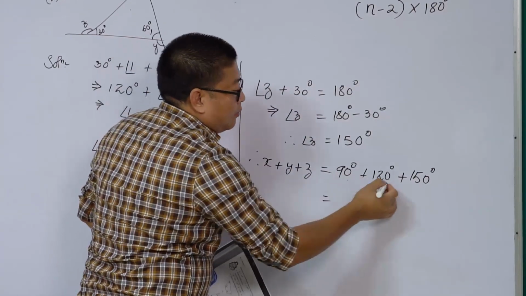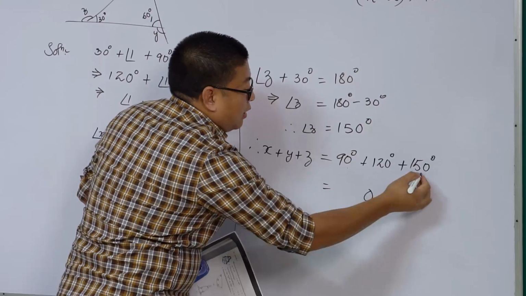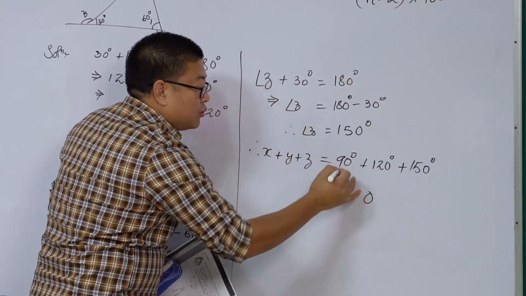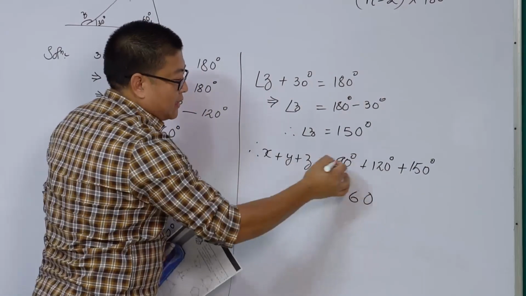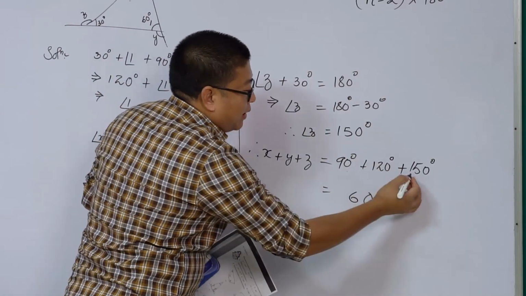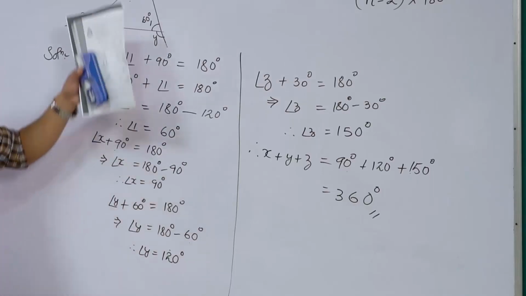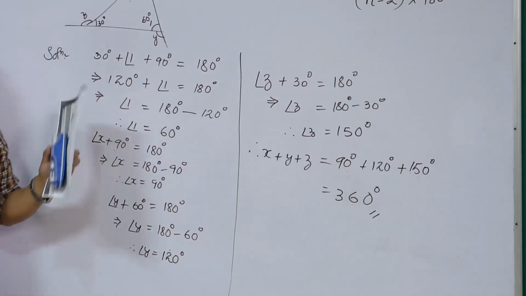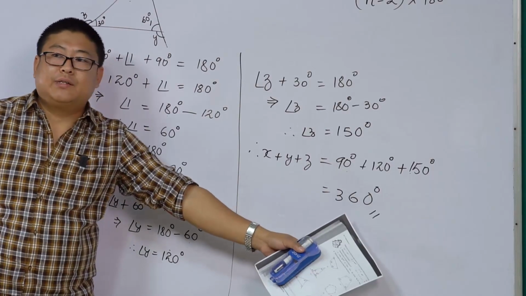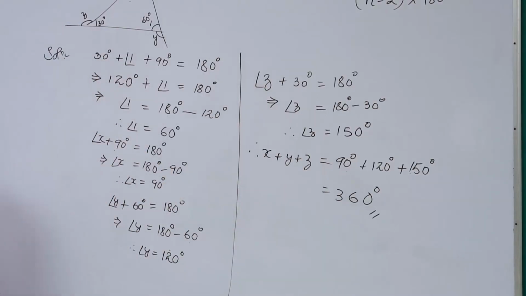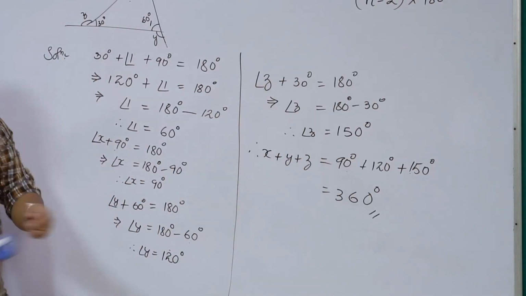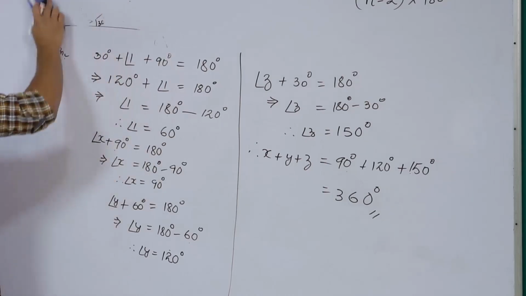Now when you add this, we get 360 degrees. So the sum of x, y, and z gives 360 degrees. With that, we have come to the end of the first exercise. I hope it is clear.